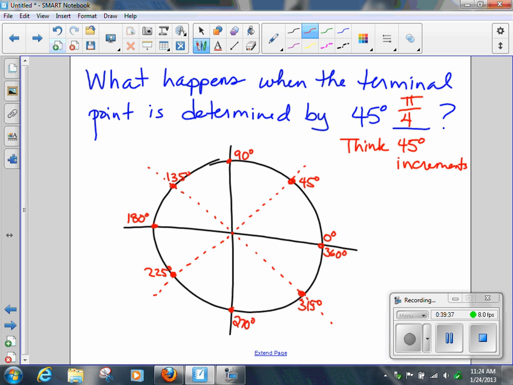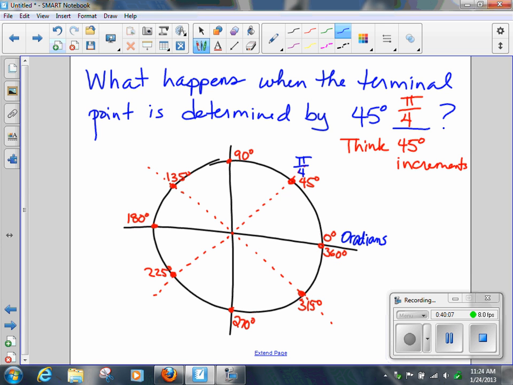But we ain't dealing with degrees anymore. We're dealing with radians. So what is 45 degrees going to represent? If this is 0 radians, 45 degrees is going to represent pi over 4. Earlier we thought in terms of whole numbers and halves.